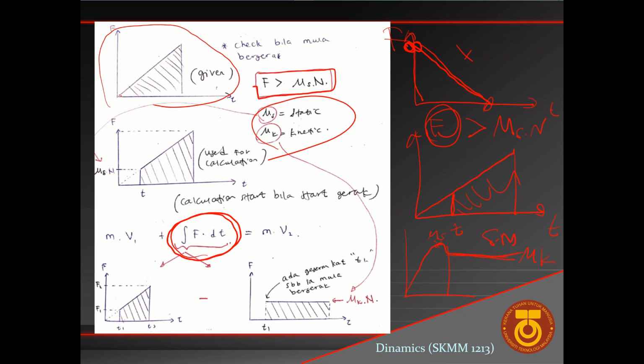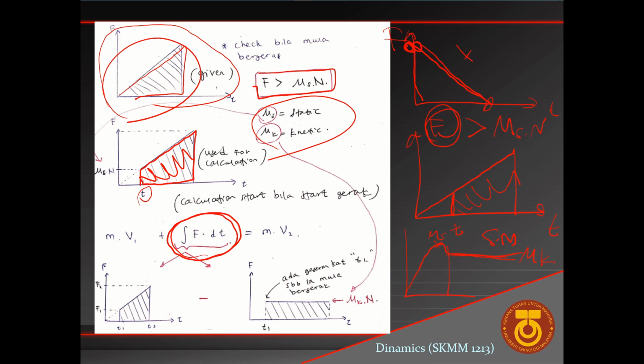Even though the graph is given to us from 0, once we know the t when the component starts moving, the graph that we use in the calculation starts from that t. So start from here up to here; only this part of the graph we can use. We cannot use the whole graph as given.